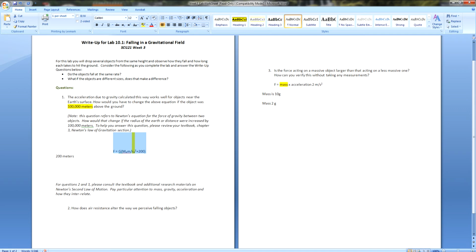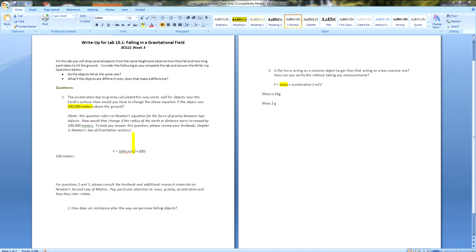For question number 2 and 3, it's also pretty straightforward. Here you are being told to consult the textbook and pay attention to mass, gravity, acceleration, and how they interrelate. So the question here is saying, how does air resistance alter the way we perceive falling objects?